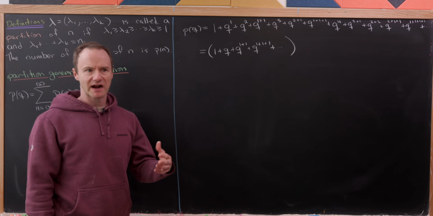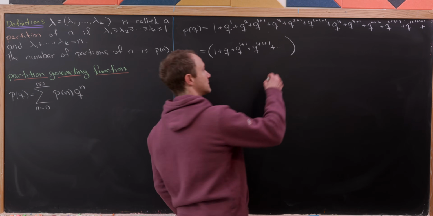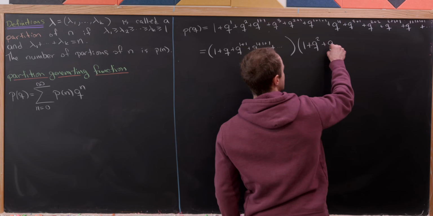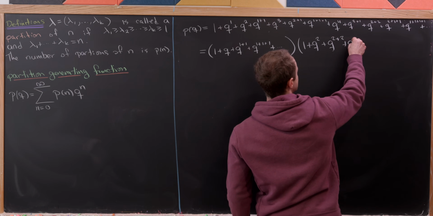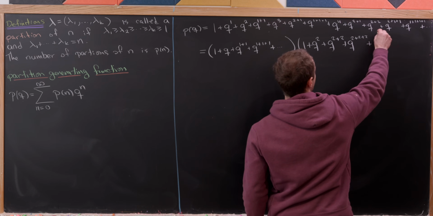But then we can factor multiples of q squared as well. So let's see, we've got 1 plus q squared plus q to the 2 plus 2 plus q to the 2 plus 2 plus 2, and so on and so forth.